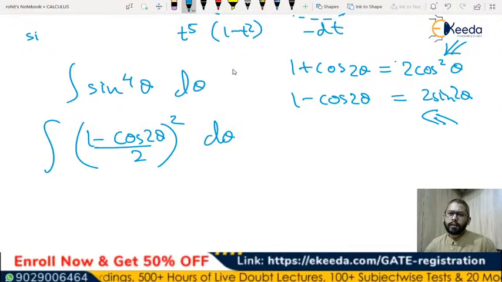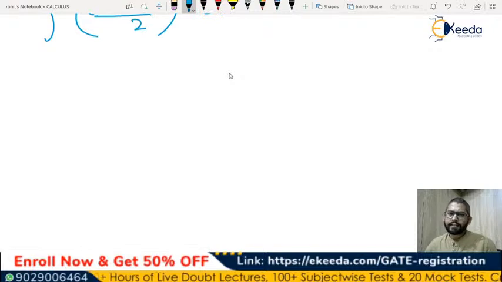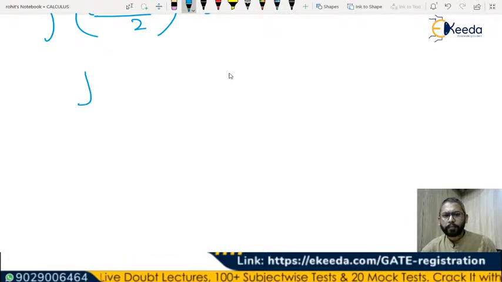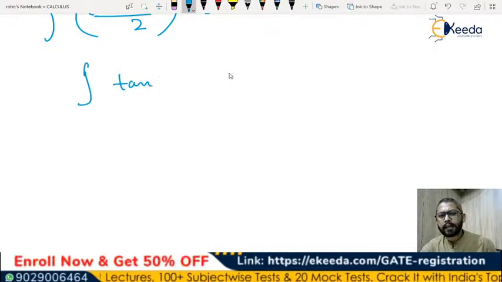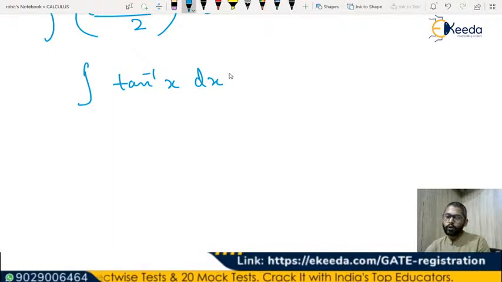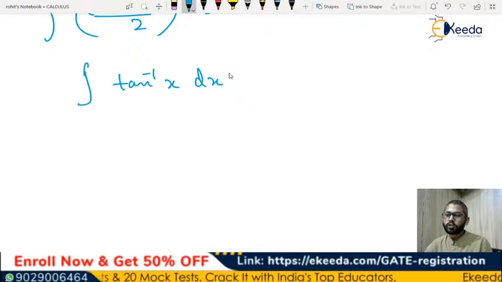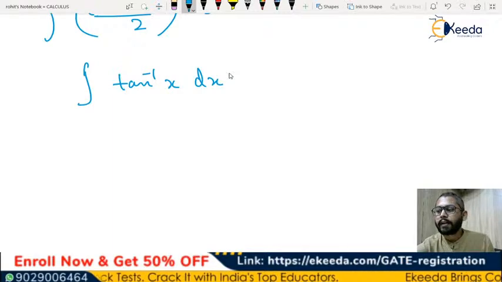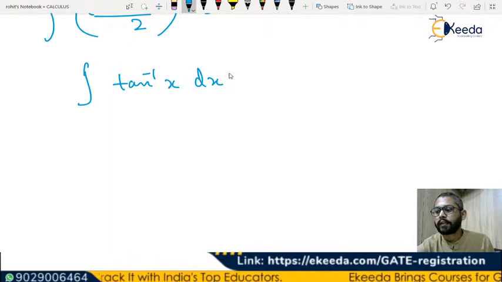Other than that, one more question I'll take: indefinite integration of tan inverse of x dx. Some of the time you have to use by parts.